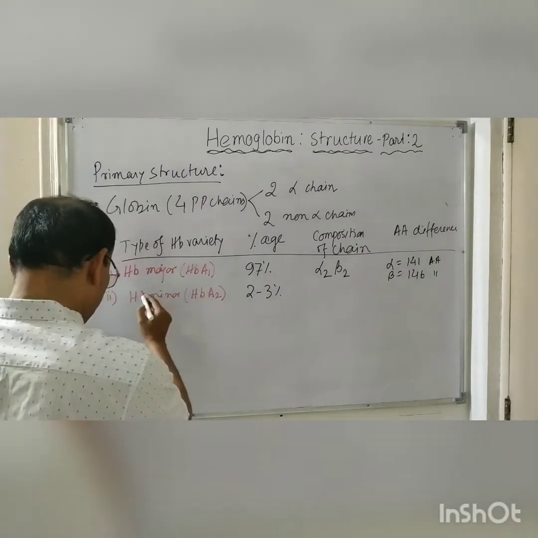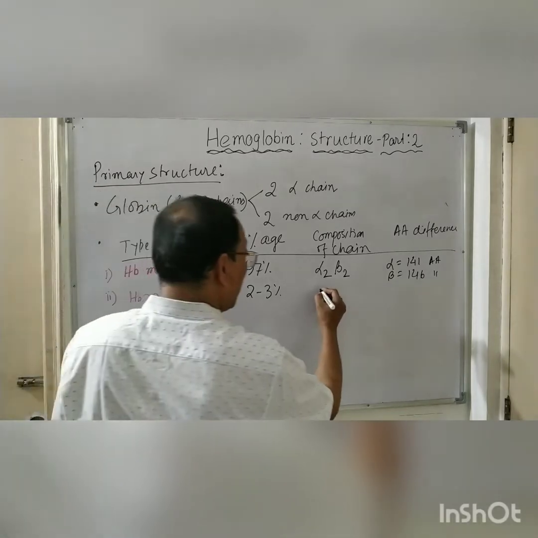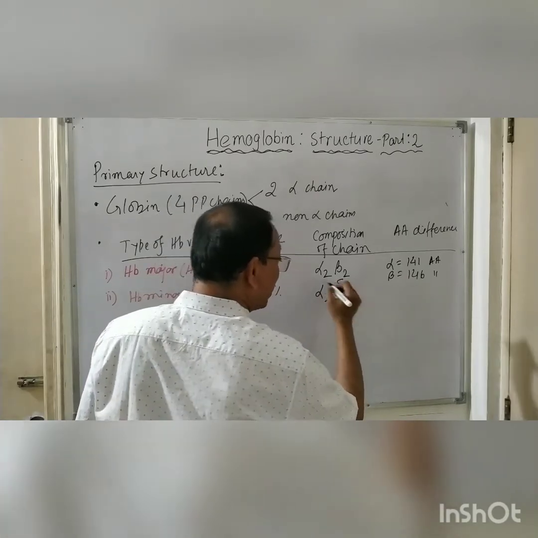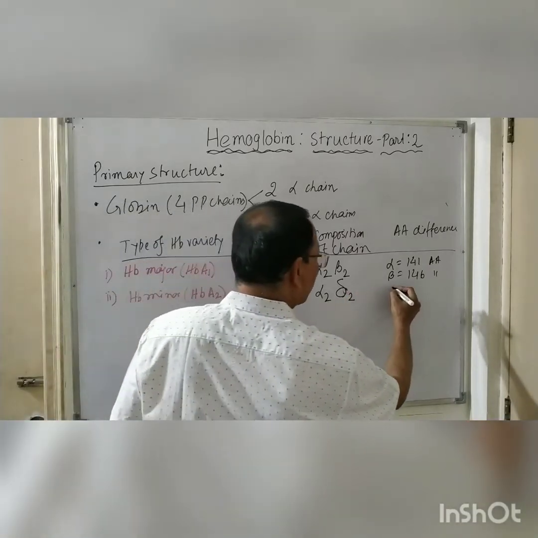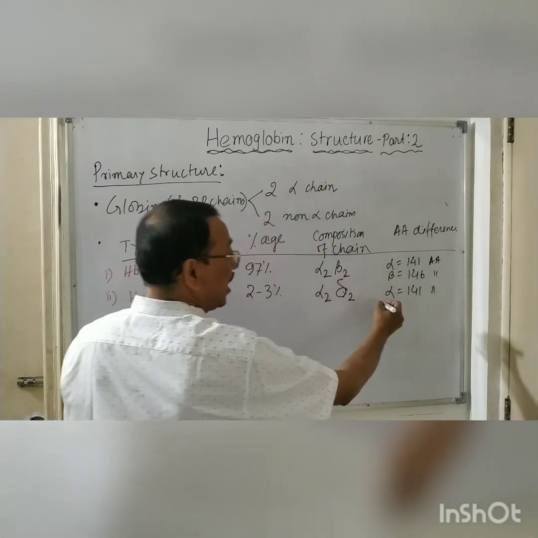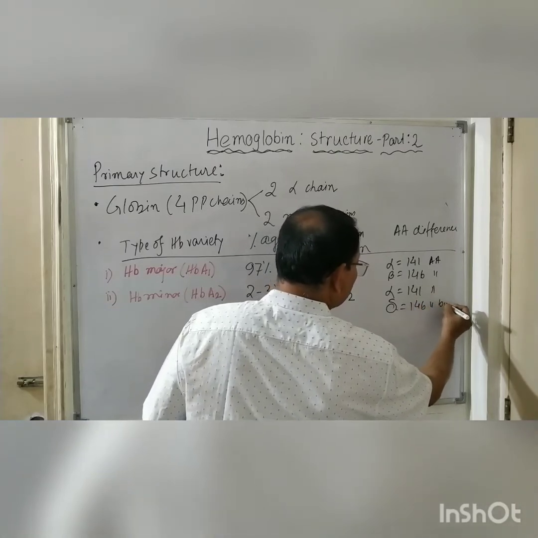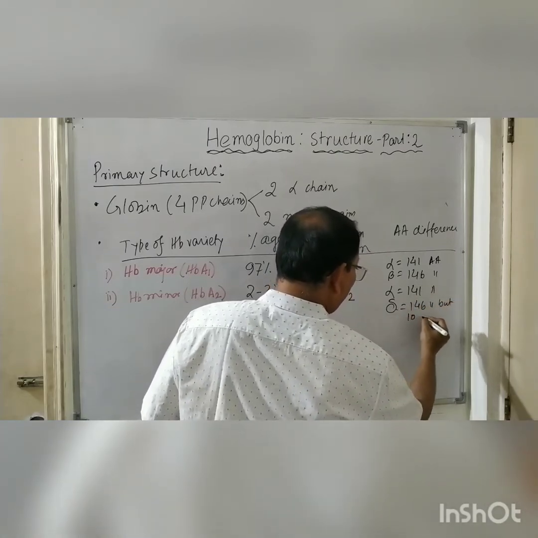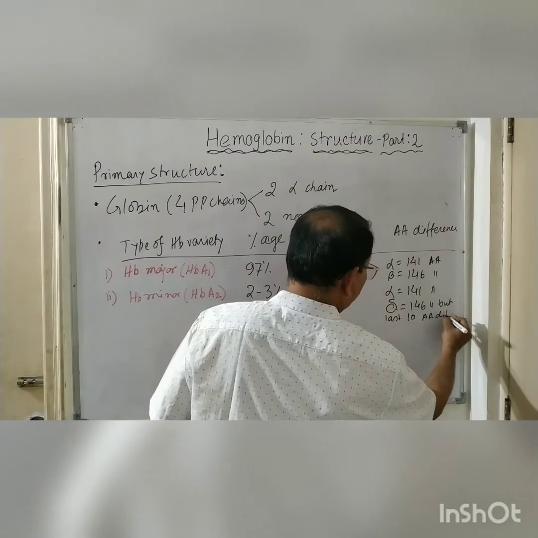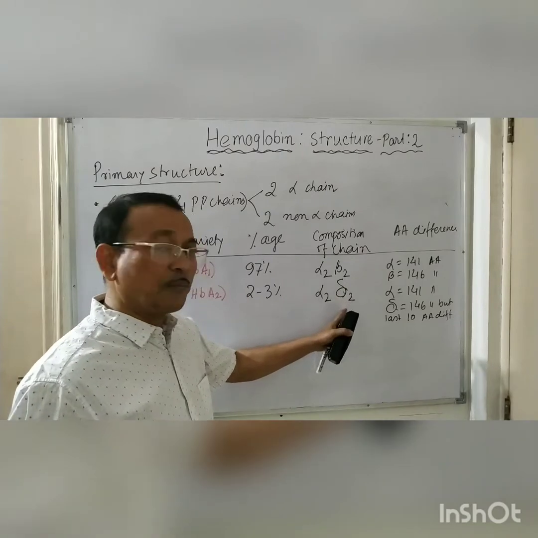This is comprised of two alpha chains and two delta chains. The composition of the alpha chain is 141 amino acids, similar to the alpha chain here, and the delta chain is also 146 amino acids, but the last 10 amino acids differ from that of the beta chain in case of delta chains.